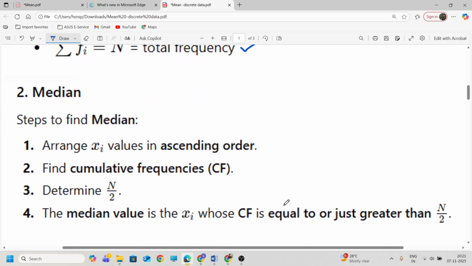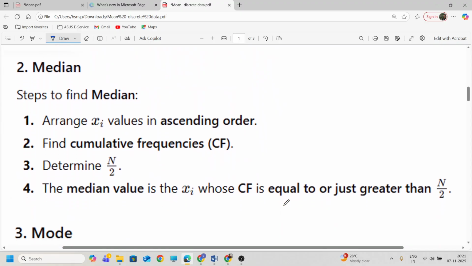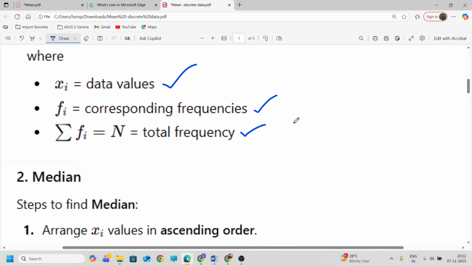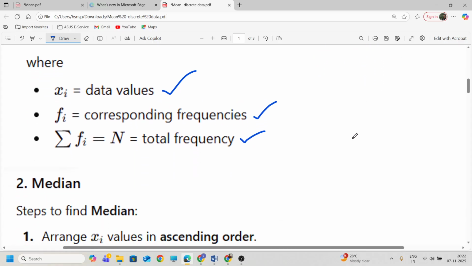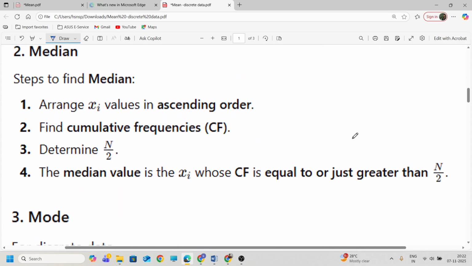Okay. So the median formula. Mean means average, so we find the average using fx, frequency with data, divided by the number of frequency, right? Here the median means the middlemost value. First of all we need to arrange the data in ascending order and then find the cumulative frequency and find n by 2.